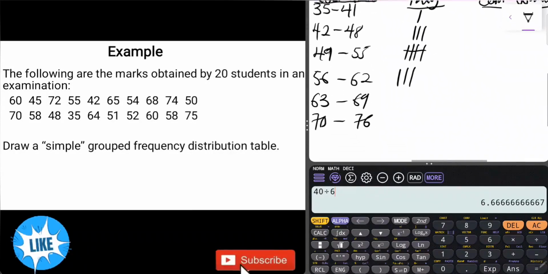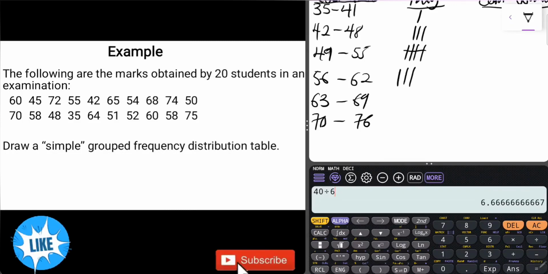And then move on to the next class, which is 63 to 69. So 63 to 69, let's see. It means that values from 63 up to 69 should be within 63 to 69. So let's see those values here. On the first row, we have 65 here as 1, and then we have 68 as 2.